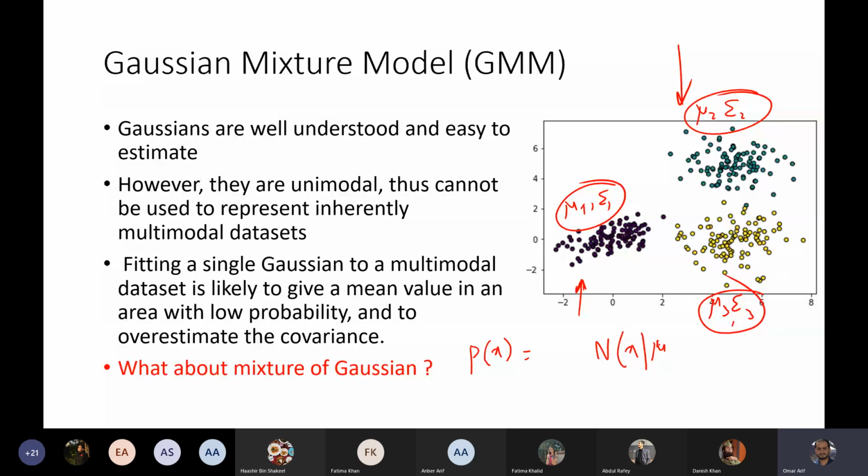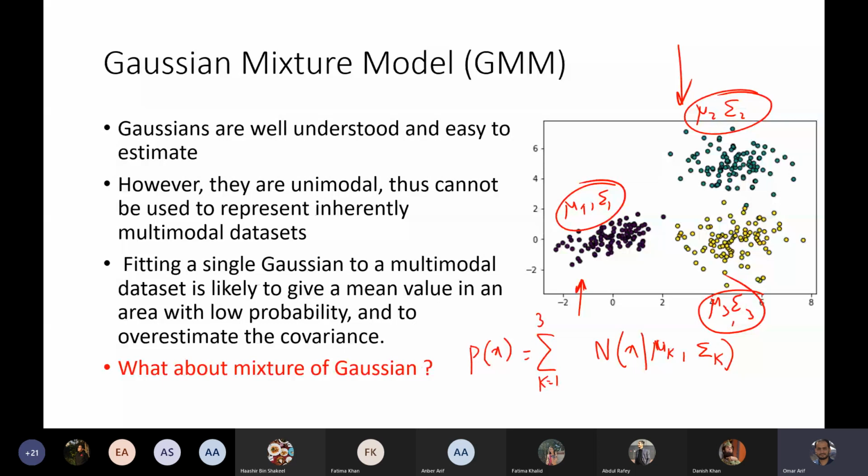Small k will go from 1 to 3, and this is going to define a mixture of Gaussians. If you have 3 clusters, we are going to use the 3 Gaussian distributions and add them.